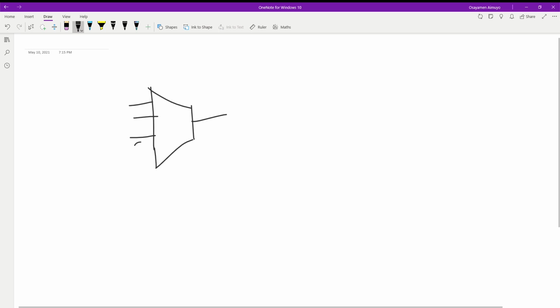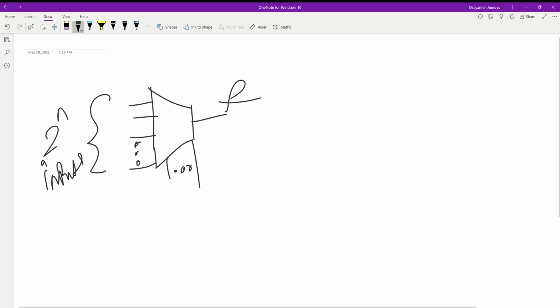So what I'm going to do is to generalize this setup. And then you have your output F, right? So here you're going to have 2 to the n inputs, and here you're going to have n select lines, right? And then you label it 2 to the n to 1 if I'm not mistaken. Yes, that should be it.